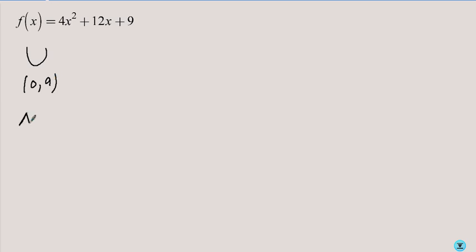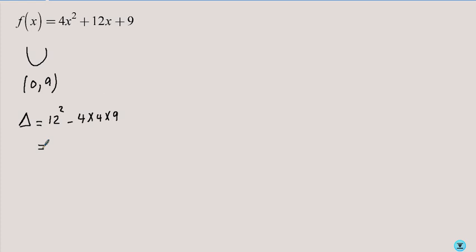So the discriminant is b squared, which is 12 squared, minus 4 times a, which is 4, times c, which is 9. And of course, you can do this on the calculator, but there are always easy ways out.